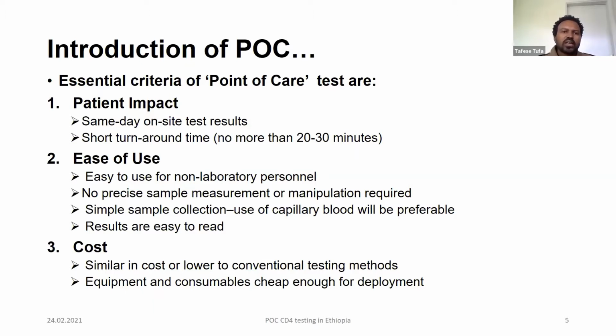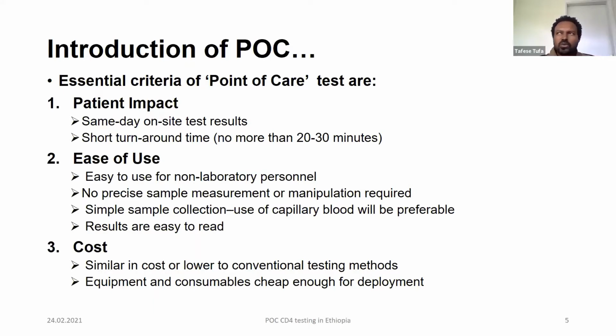It has to be easy and applicable by non-laboratory personnel, with no precise sample preparation, and sample collection should be easy, even for someone not well trained. Result interpretation should be easy, because after running the point-of-care test, everybody can interpret the result. The cost should be equivalent to or less than conventional testing, and equipment and consumables should also be cheap.